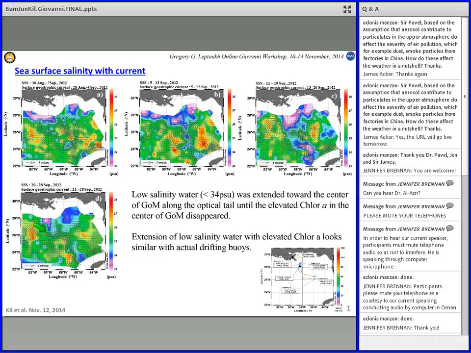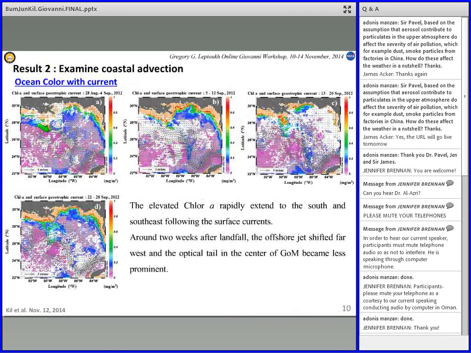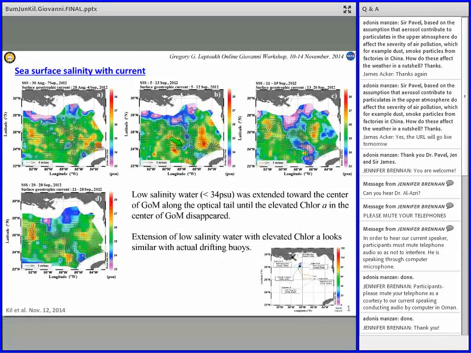And this picture is a 9-day composite sea surface salinity. The sea surface salinity shows a low salinity feature, which is similar to the elevated chlorophyll A, especially from August 30th to September 13th. So as you can see in this picture, when chlorophyll A extended offshore, the low salinity water also shows the same pattern of offshore moving.